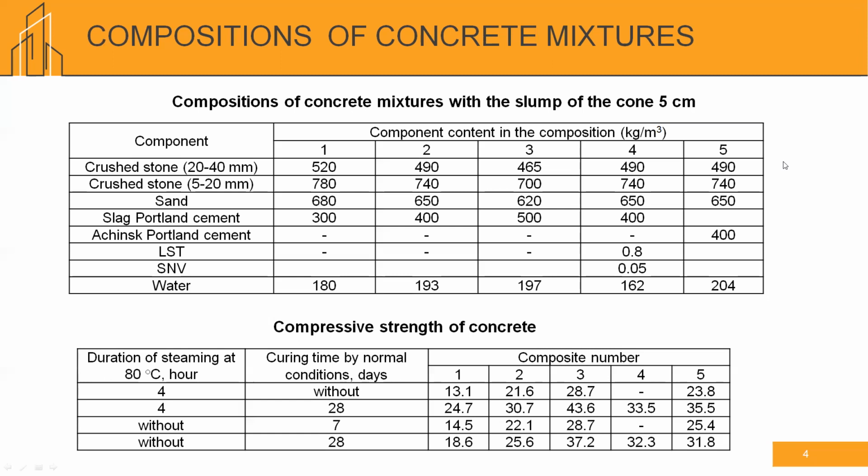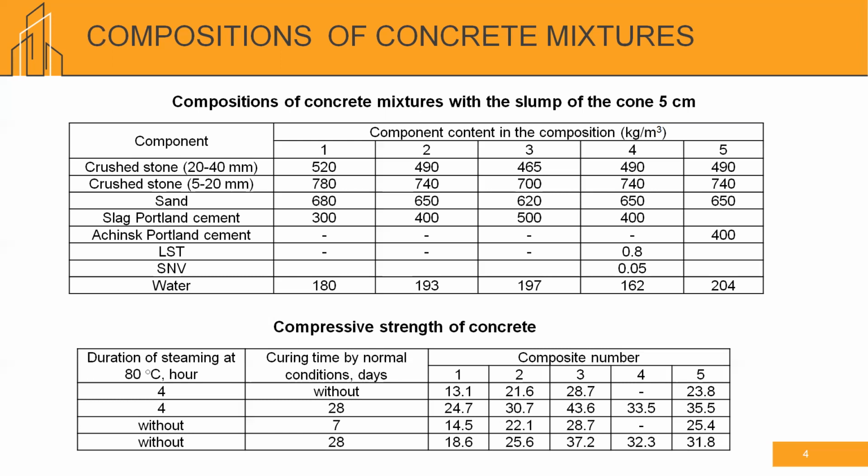This, among other things, is due to 20% lower water demand for mixtures based on slag Portland cement. The considered experimental Portland cement showed an increase in frost resistance up to 520 cycles without destructive changes.